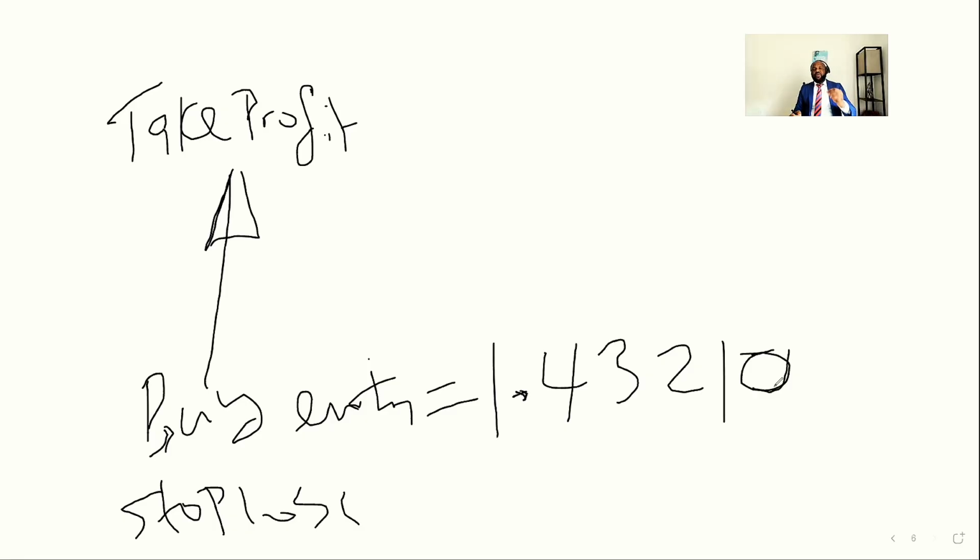My entry price is 1.43210. Are you following me? I want to go long on this asset. I'm speculating that price is going to rise afterwards, just like we said in the definition of going long.